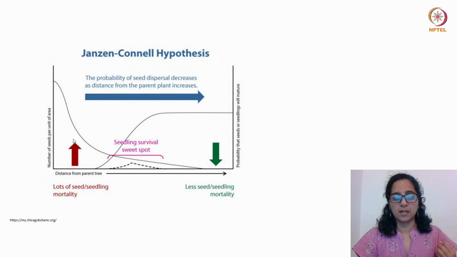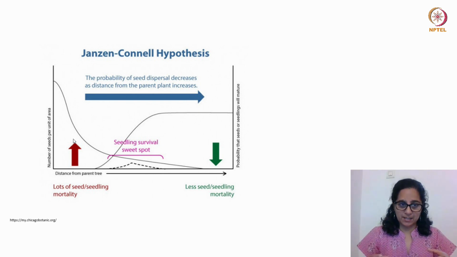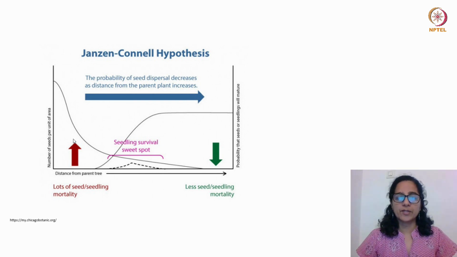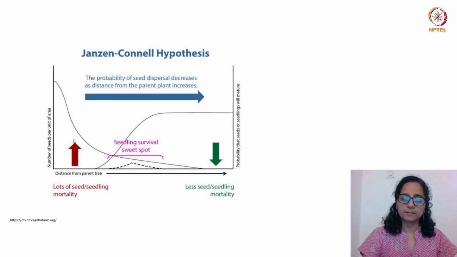These are seed predators I'm talking about, which can take away the seed and eat it up or damage it. And also, if there are a lot of seeds in a place together, then there is competition among seeds for the same resources, same sunlight, water, nutrients, everything, right? So because of this, the chances of them surviving close to the parent tree are less.